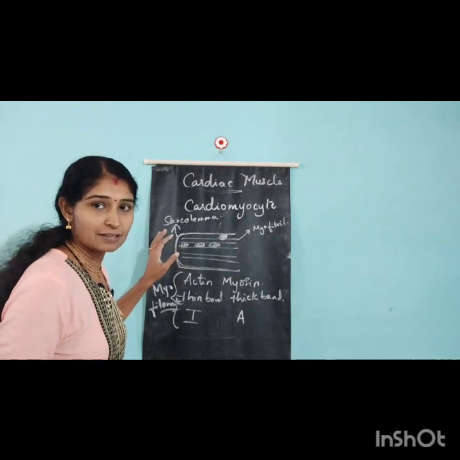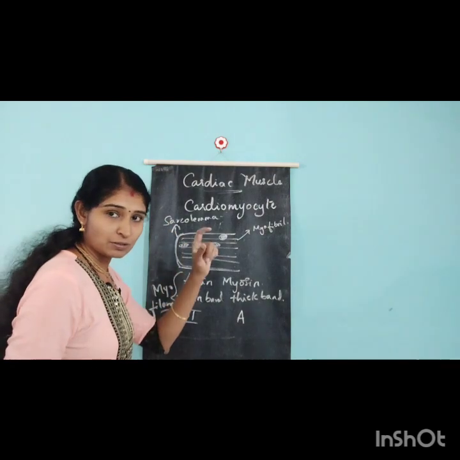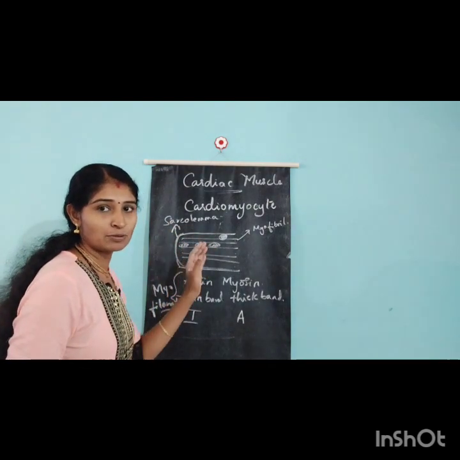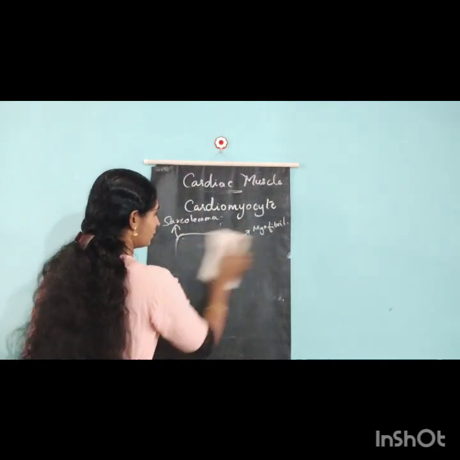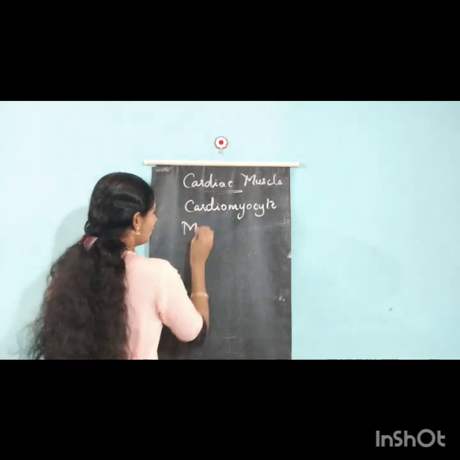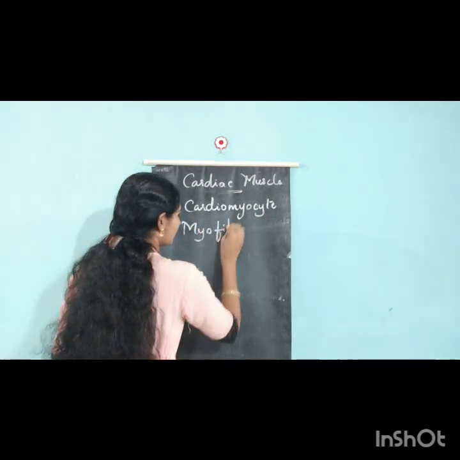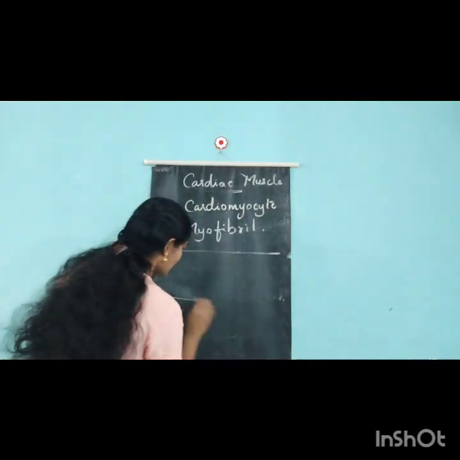And cardiac cell, that is called as cardiomyocyte, it is having one nucleus, single nucleus, and many mitochondria. So how this actin and myosin is arranged in a myofibril. Now we are going to see the myofibril, how this actin and myosin is arranged.